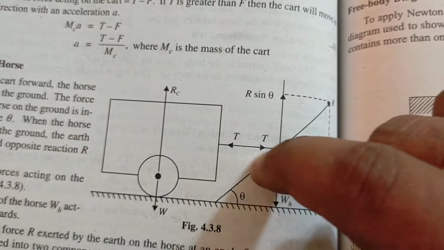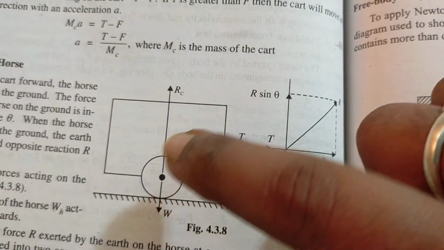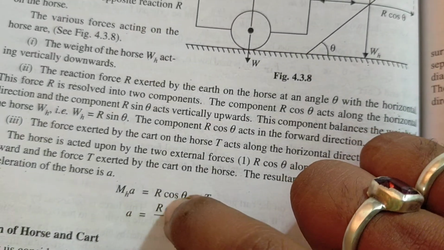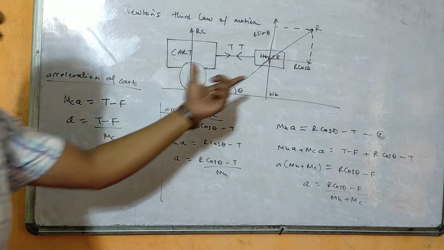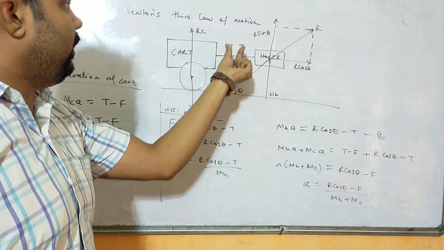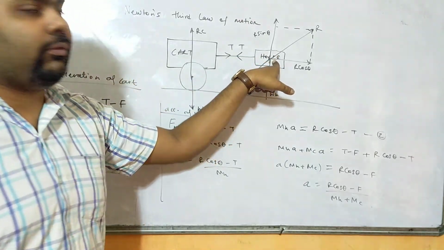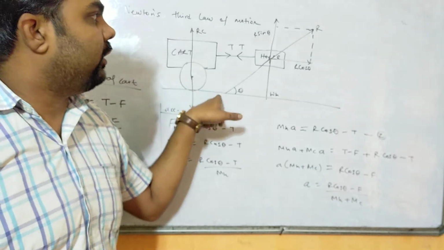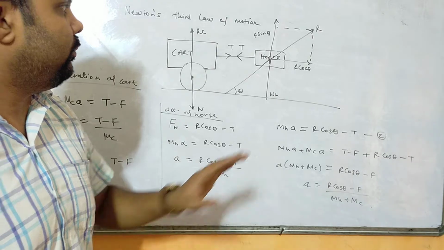So when it is connected here, when R cos theta becomes greater than the tension, the cart starts moving. So MHA equals R cos theta minus T. So this was the horse, tied with a cart with a string having tension T. When the foot of the horse exerts force on the ground, the ground exerts a reaction force making an angle theta with the ground, as I have told.